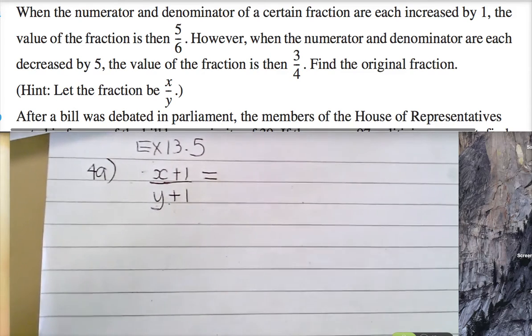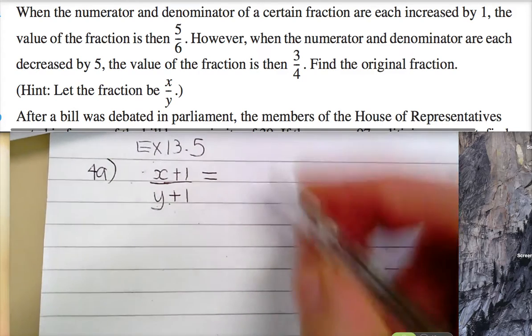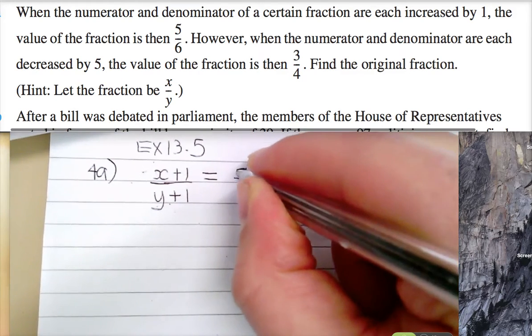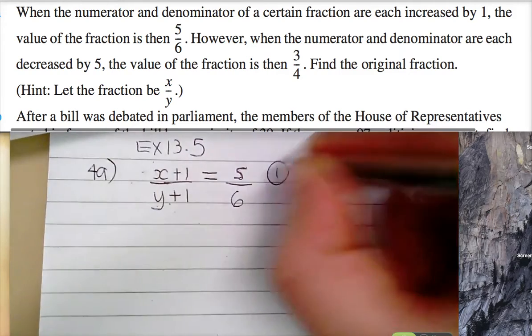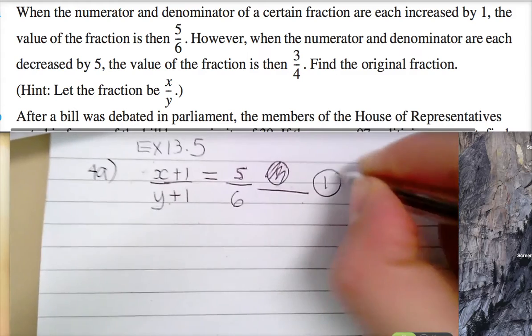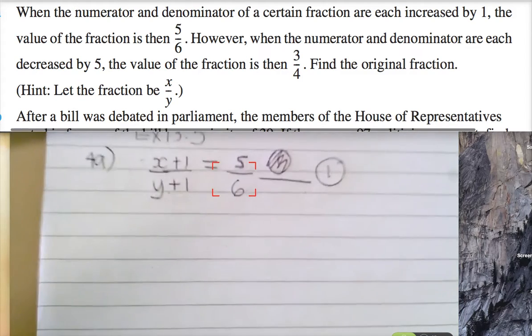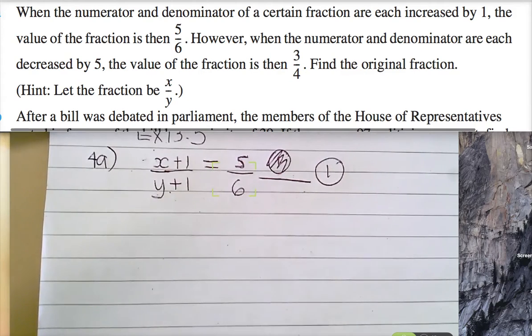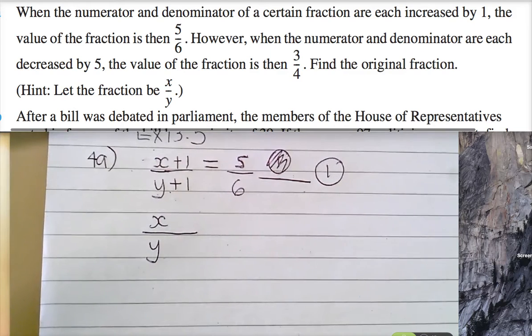The numerator is increased by 1, the denominator is increased by 1, and the value of the fraction will be 5 on 6. That's equation 1. And the next bit: if the numerator and the denominator are each decreased by 5, that's my second equation.